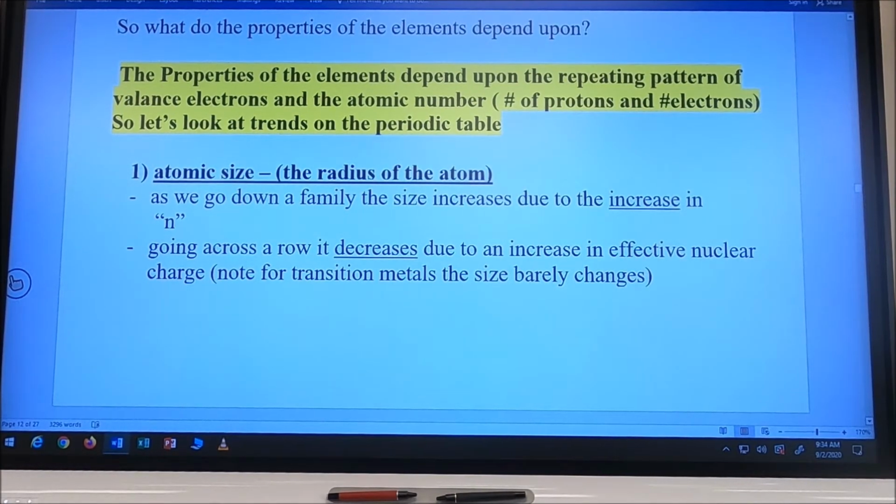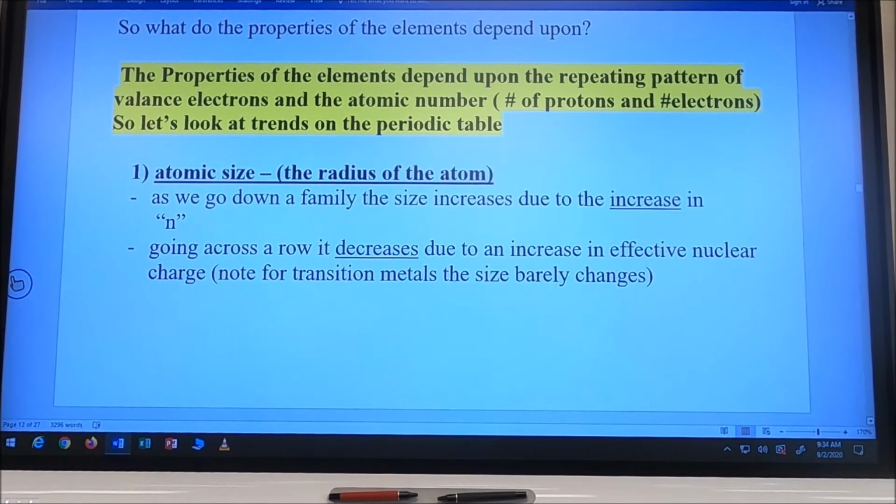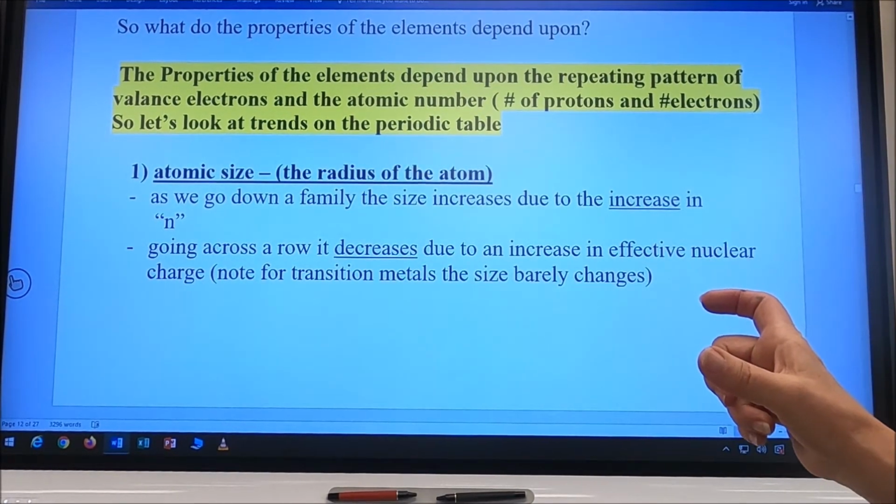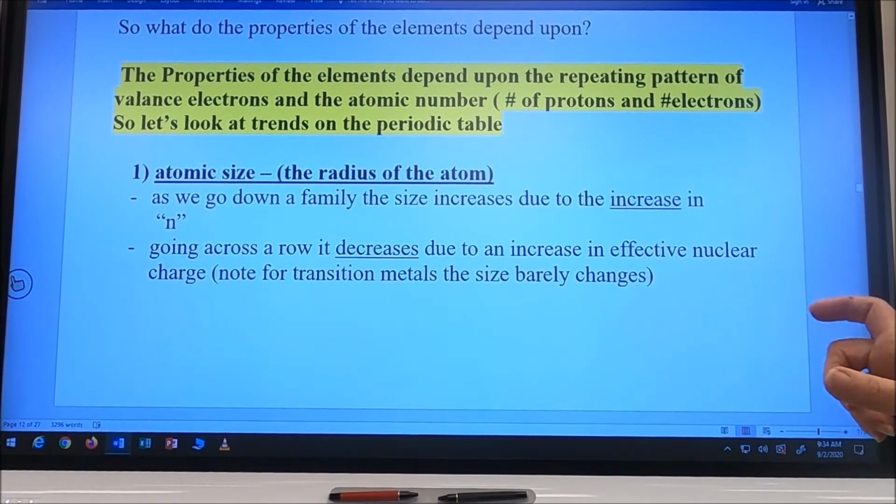So let's talk about how the properties depend on this repeating pattern of valence electrons. The first property that we want to talk about is atomic size, the radius of the atom. Now, I want you to understand that the outer edges of an atom are kind of fuzzy. And we measure atomic radii by looking at the distance between two identical atoms.